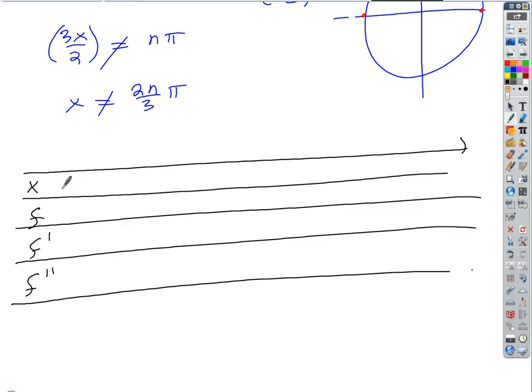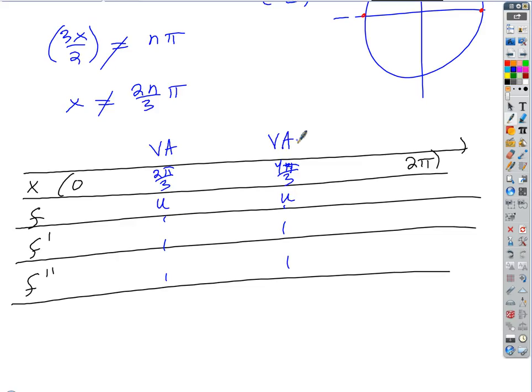Okay, so here's our open interval, which you did great. But before we even start to look for critical numbers, let's write this in. 2/3 pi and 4/3 pi are places where the function is undefined, which means vertical asymptote.